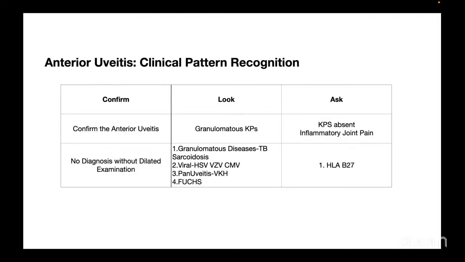There is a clinical pattern recognition in every type of uveitis. You have to do this before you decide the type of uveitis and its cause. For anterior uveitis, there are three simple questions to ask yourself. First, confirm that it is anterior uveitis only, by doing a dilated examination.